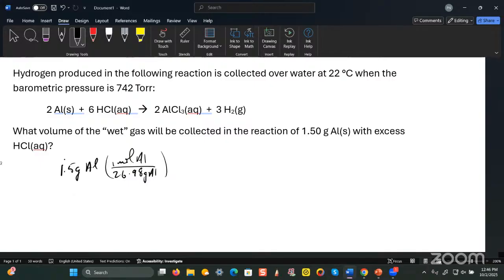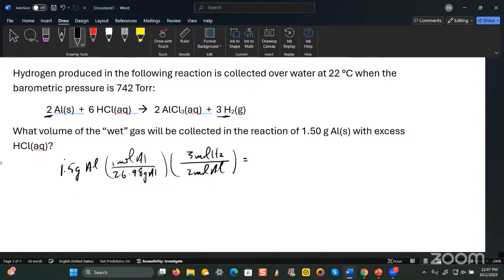The next step is, of course, determining the moles of hydrogen. So that means that we have to look at the mole ratio between the hydrogen and the aluminum. And based on the equation, which is balanced, you're going to have 3 moles of hydrogen above and 2 moles of aluminum below. And that will give you the moles of hydrogen produced in the reaction.